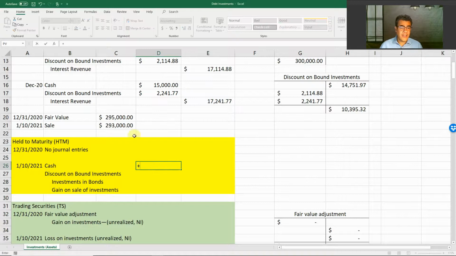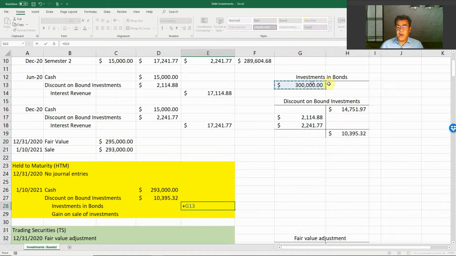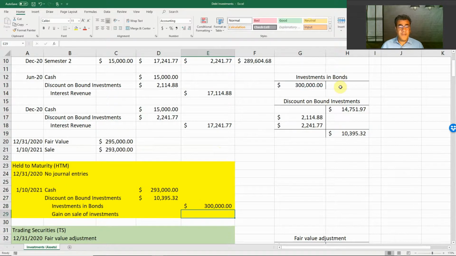And when we sell it, it is just like selling any other asset. We debit cash, 293. We close our discount on bonds investment. So we close it, $10,000 on debit. And then we close our investment in bonds. So we credit investment in bonds. However, this journal entry is not balanced.